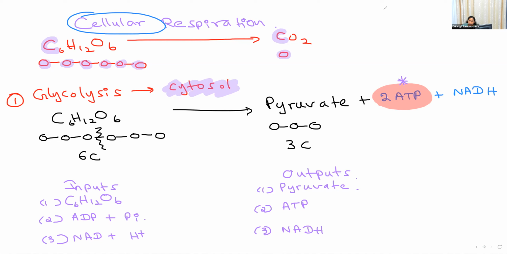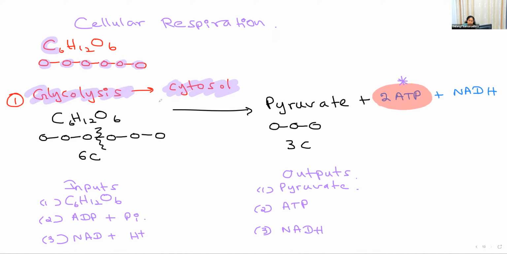Okay, so cellular respiration means we are breaking down glucose until we produce carbon dioxide, right? So what I have done so far is I have used glycolysis and split the glucose in half.